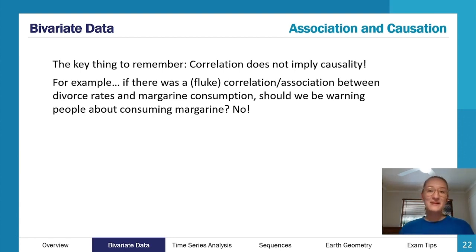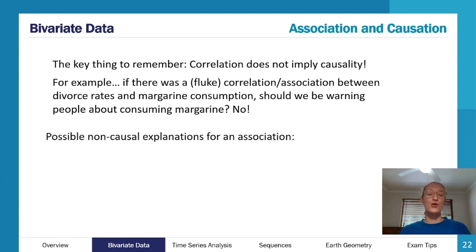No, that's a completely illogical conclusion. There are actually multiple non-causal explanations for an association. And the other thing to consider is if it was a really small sample size, it might actually be a fluke, which is one of the explanations we're going to look at as well.